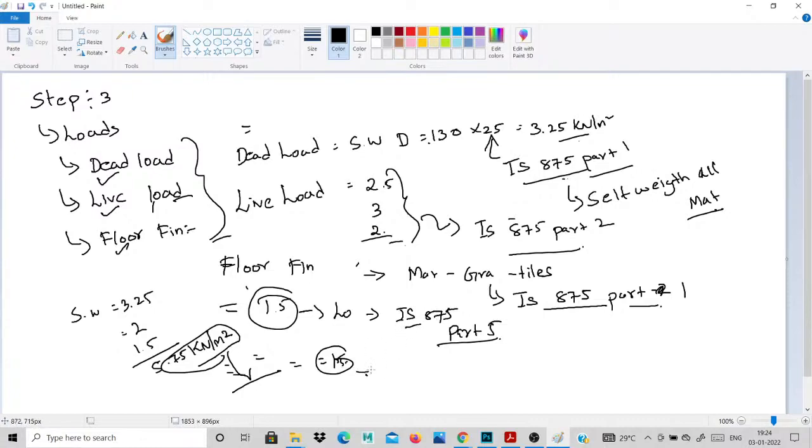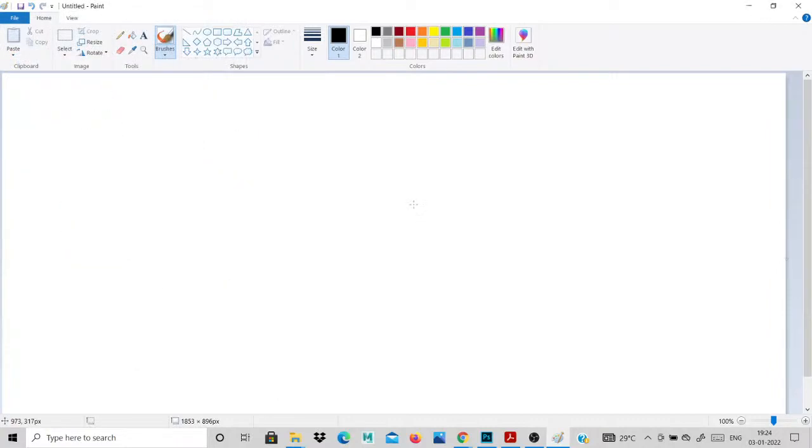The next step is step 4. Step 4 is different for one-way slabs and two-way slabs. One-way slab and two-way slab are different.